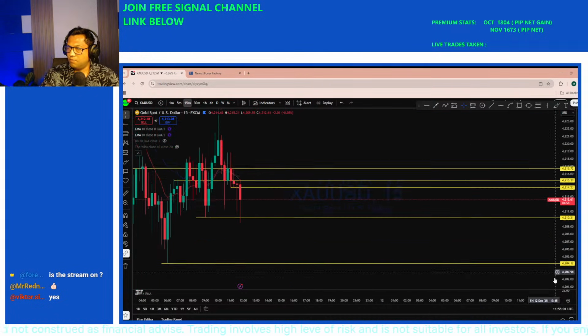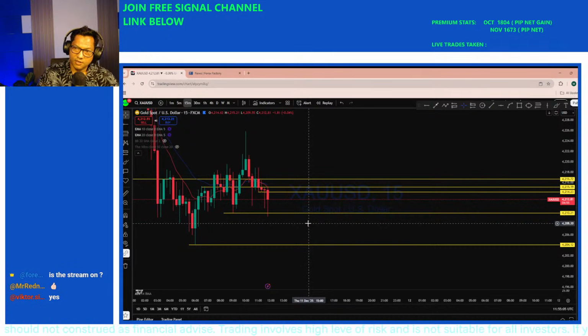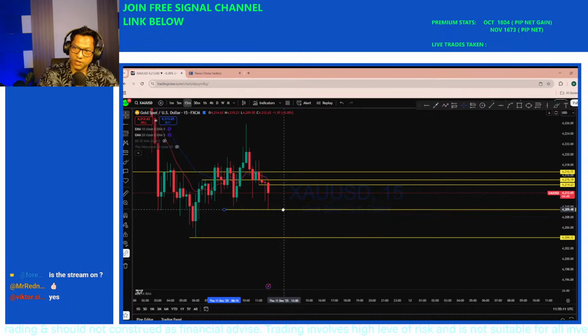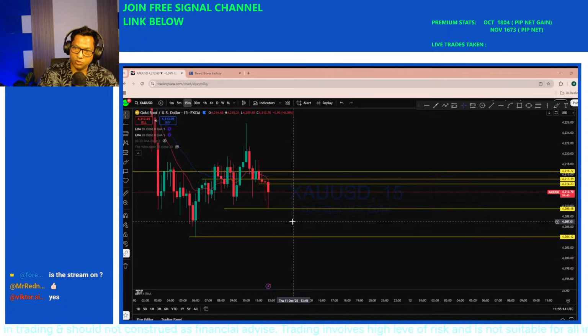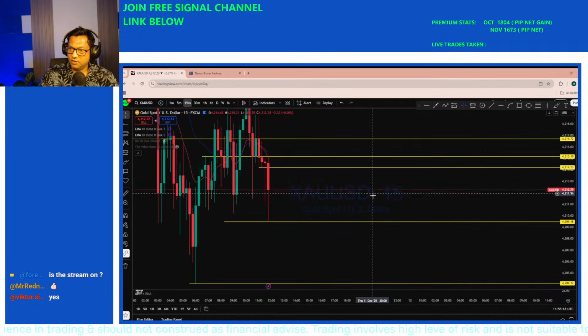So with multiple time frame analysis, we can see this market so far showing bearish price action, and we may see the price eventually continue to drop down further in that market.